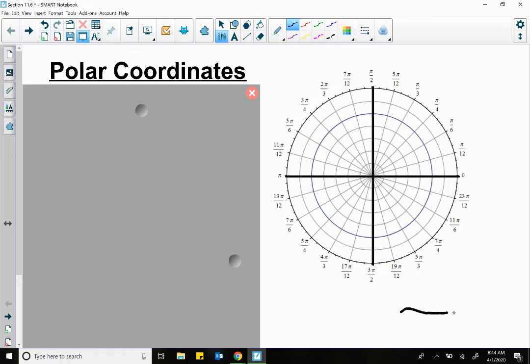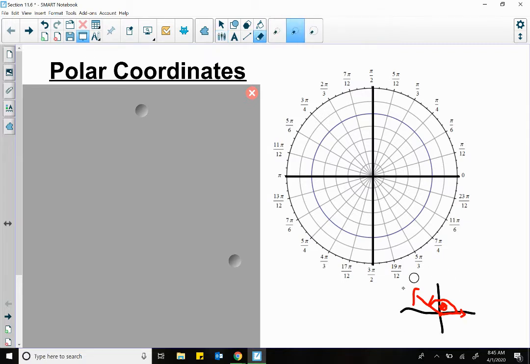You would have your initial vector along the x axis, and then you would rotate out that angle measure. Standard position is a lot like this, except in standard position we were in a rectangular coordinate plane, and here this is actually polar coordinates, which makes sense that we would be moving that angle.